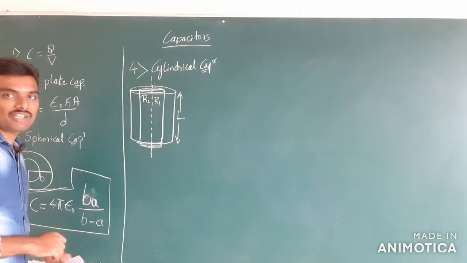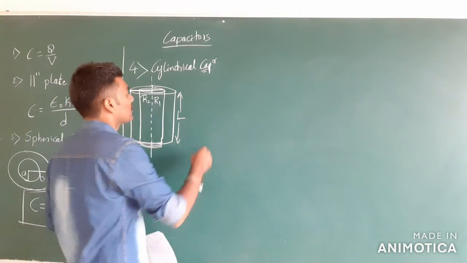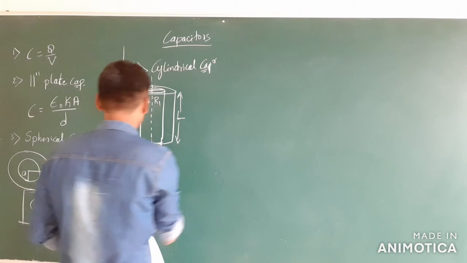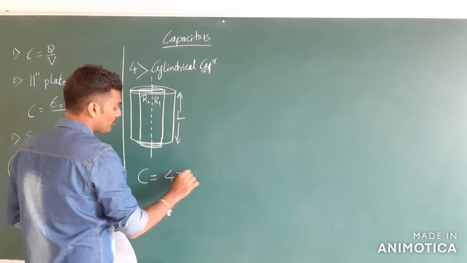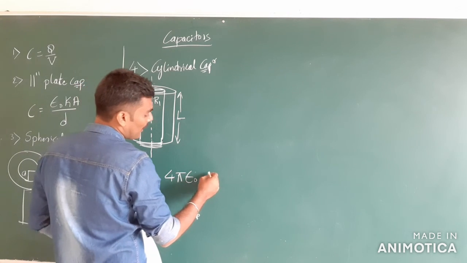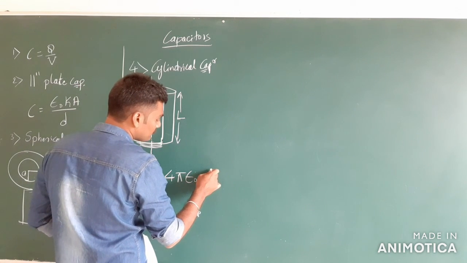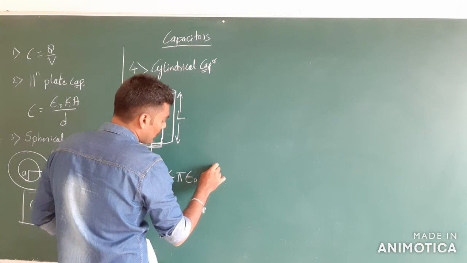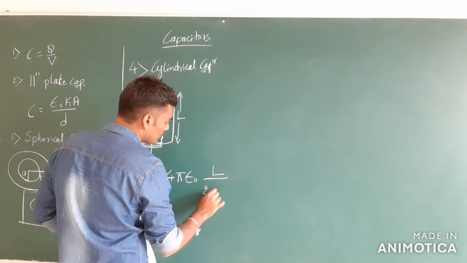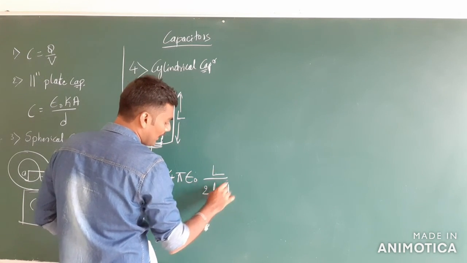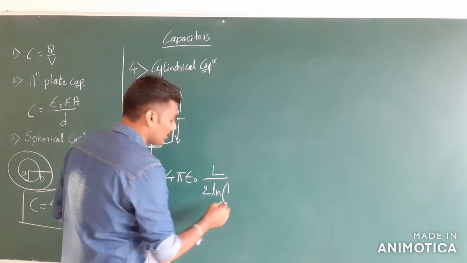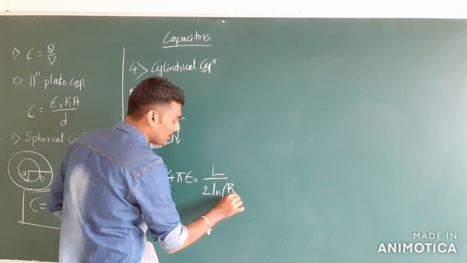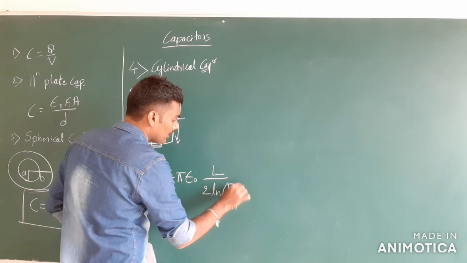For such a capacitor, the capacitance is given by C is equal to 4 pi epsilon naught is common, and then we will have L by 2 ln, I hope you are aware of that, ln R2 by R1.